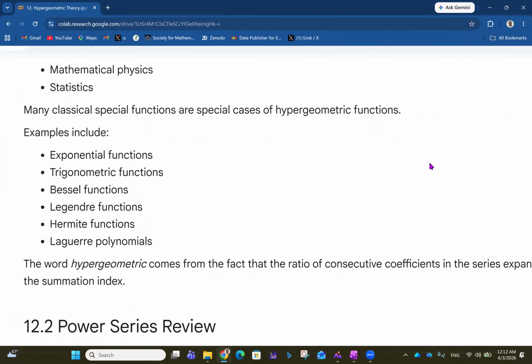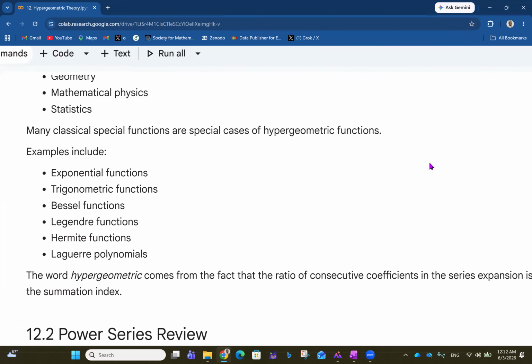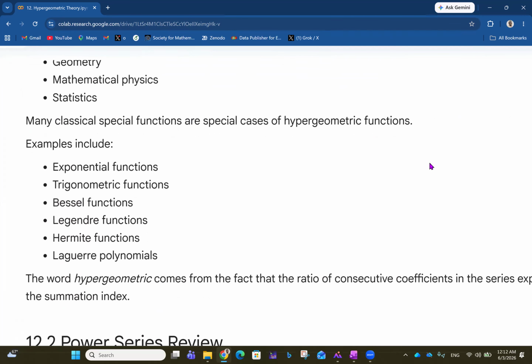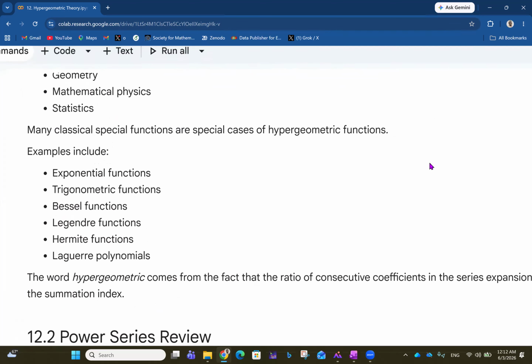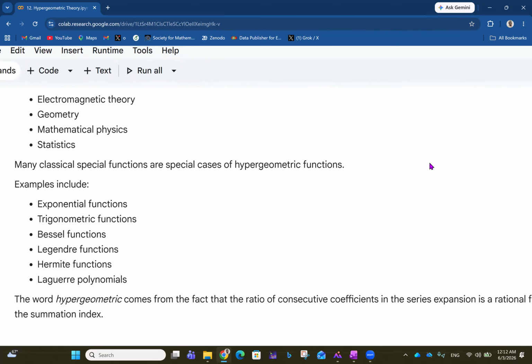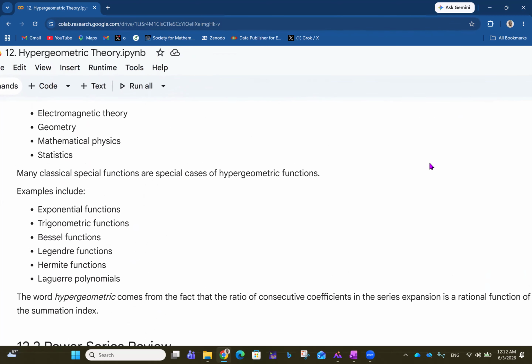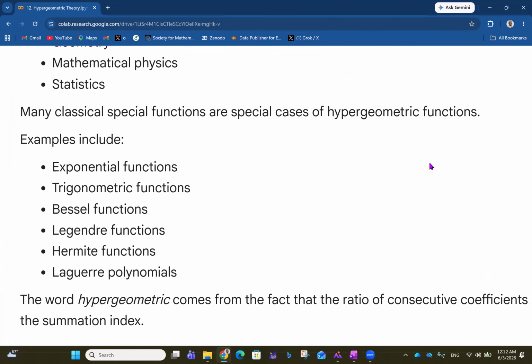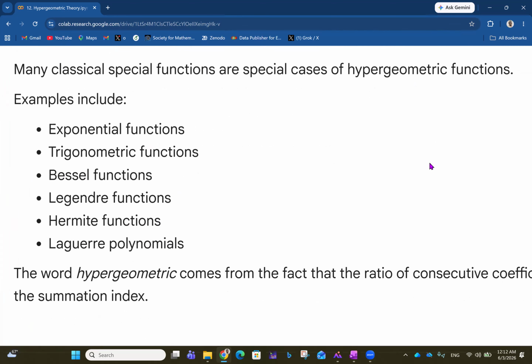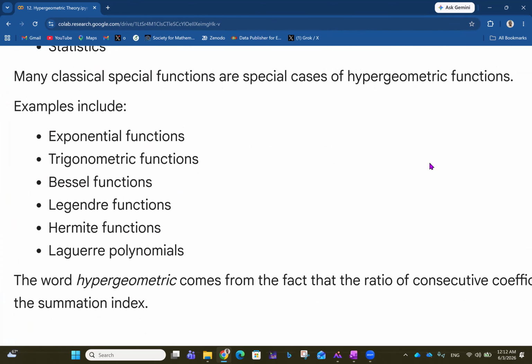Many classical special functions are special cases of hypergeometric functions. So it means that most of the special functions we know are actually special cases of hypergeometric functions. This includes exponential functions, trigonometric functions, Bessel functions, Legendre functions, Hermite functions, Laguerre functions. We've seen a lot of these kinds of functions.